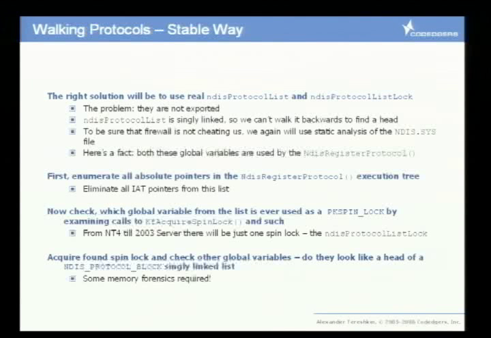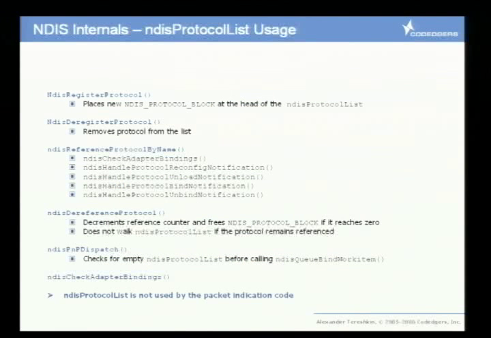Here, we will use some tricks to check if this variable is actually a pointer to the list of protocol block linked list, or a pointer to somewhere else, for example by checking some critical fields of these protocol blocks. This slide is about usages of the ndis protocol list global variable.